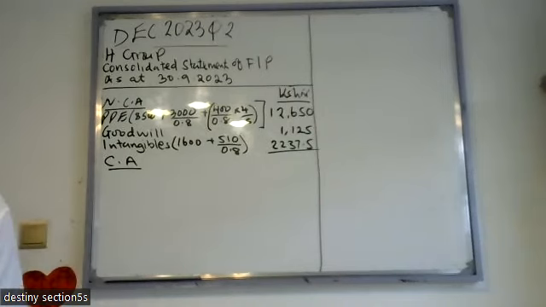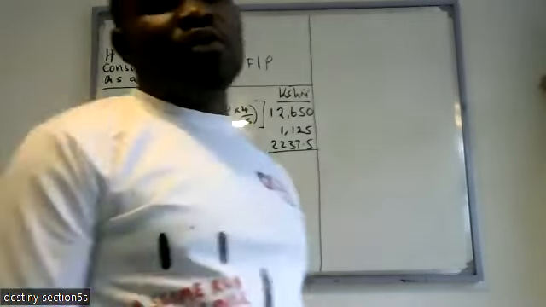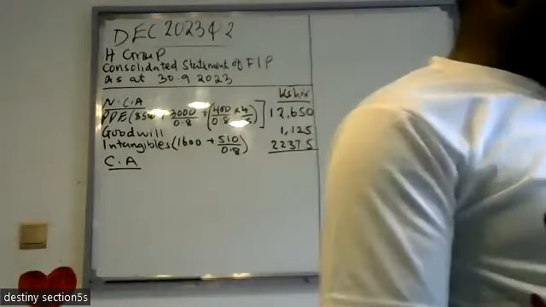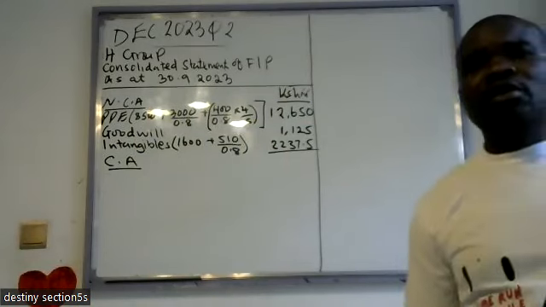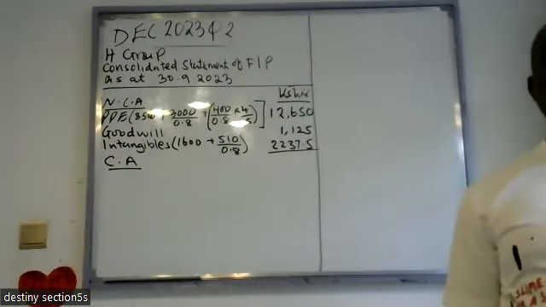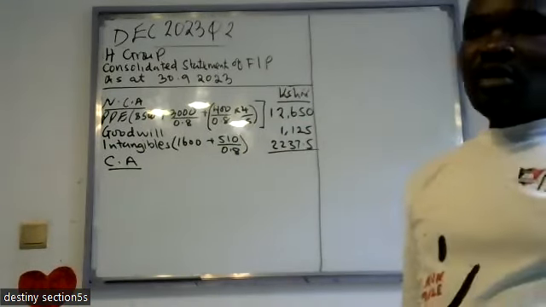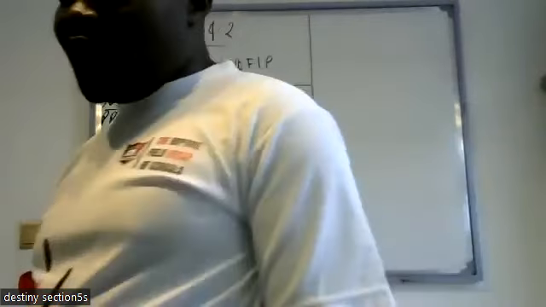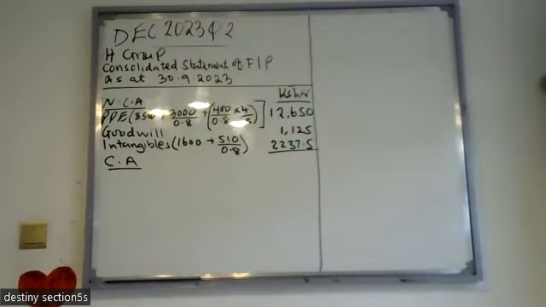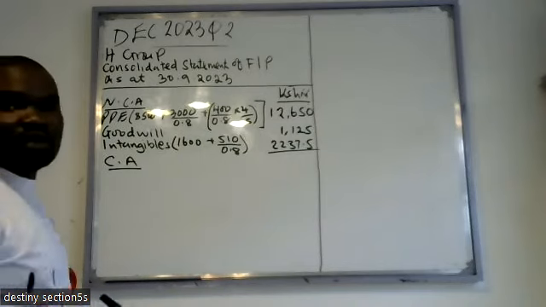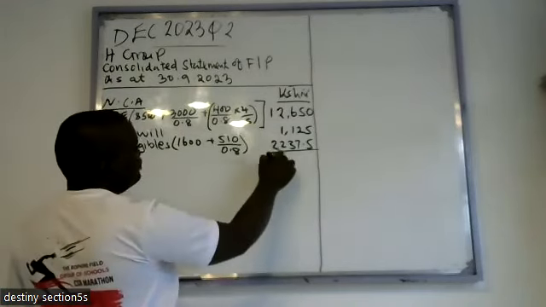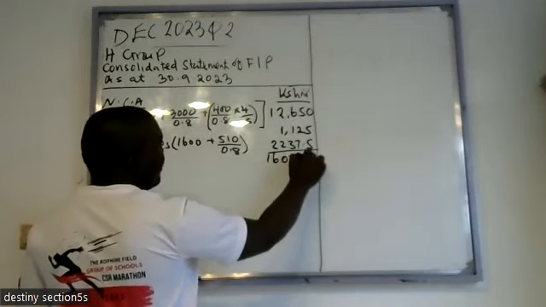Why are you so slow? It is not usual for you, you are very slow today. I don't know why. What could be the issue? So that is 16,012.5.